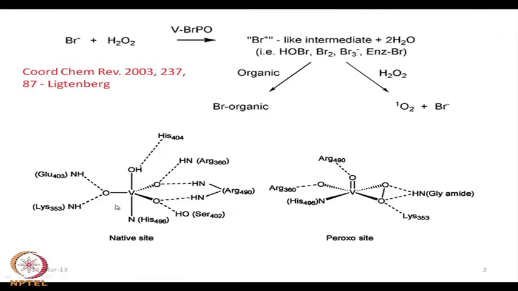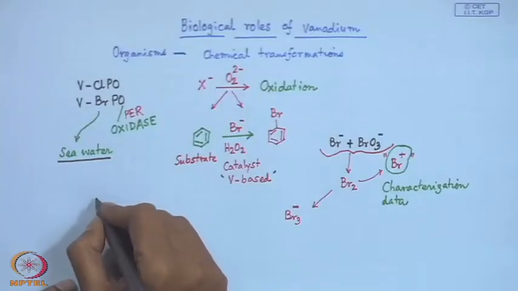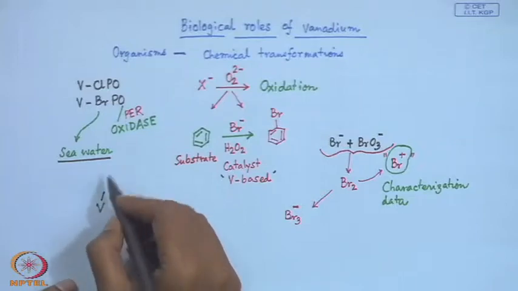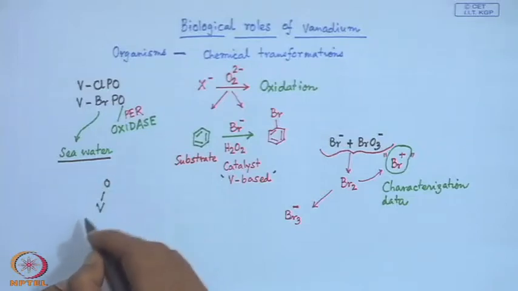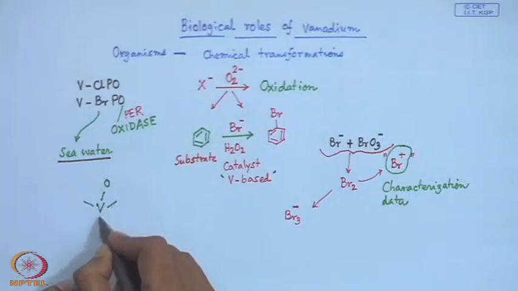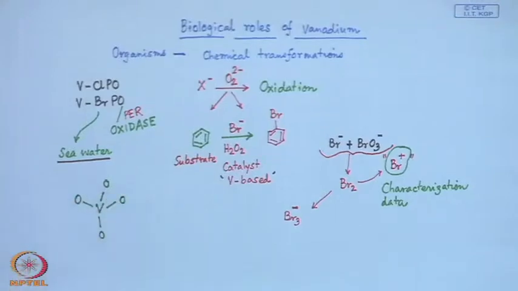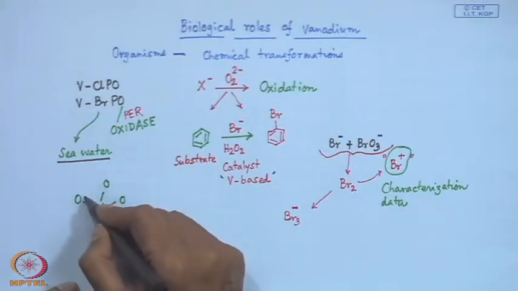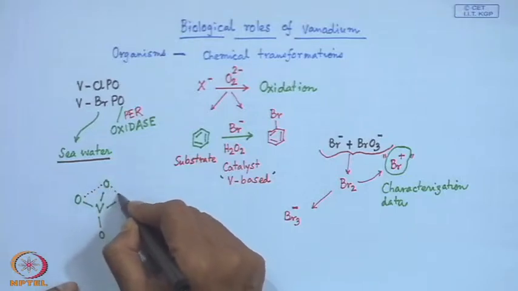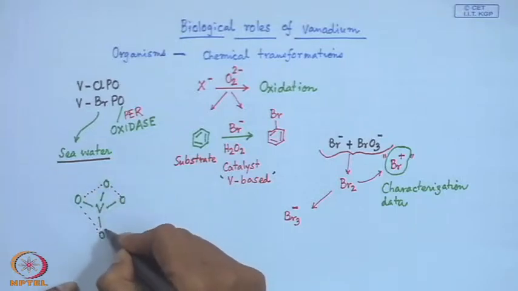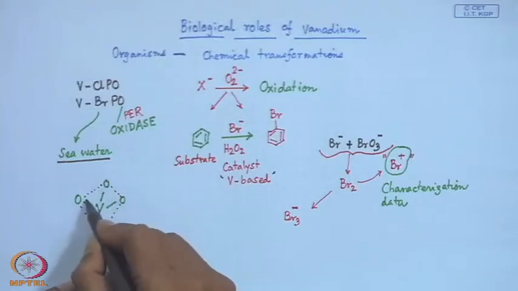So, in that particular case, if we can have initially in the enzyme backbone one pocket of vanadate anion formed, which nicely traps the tetrahedral vanadate anion inside.